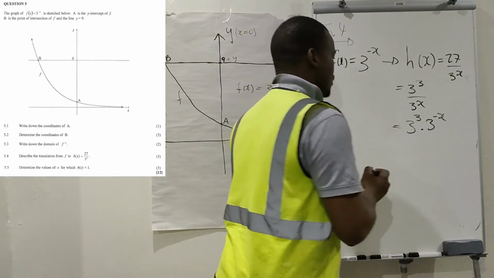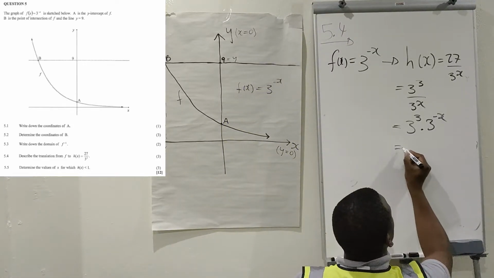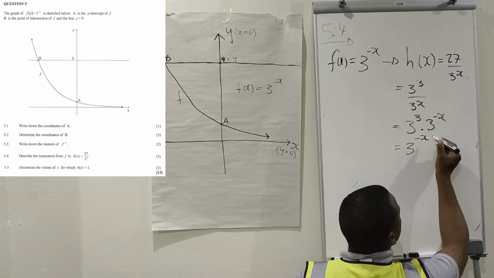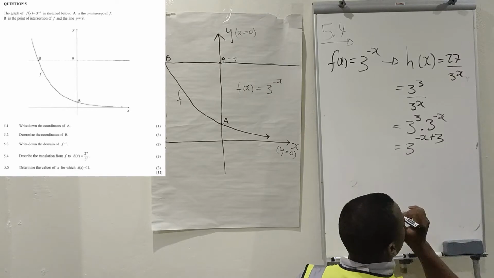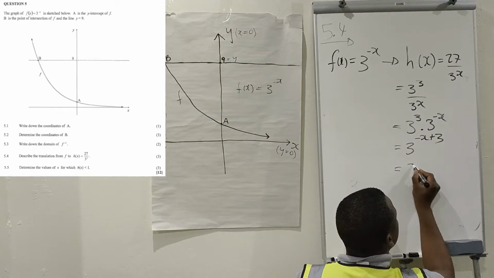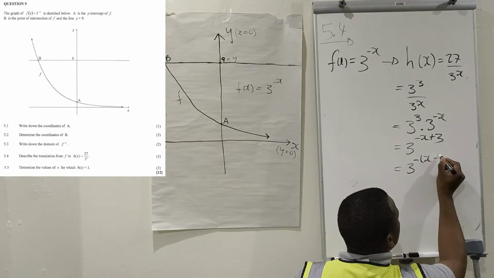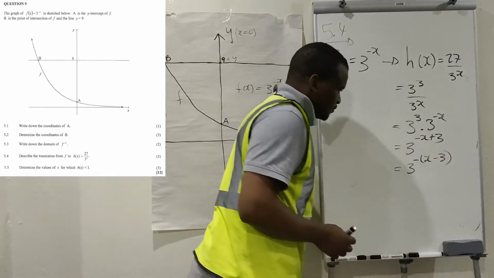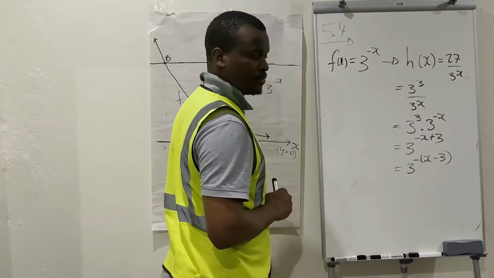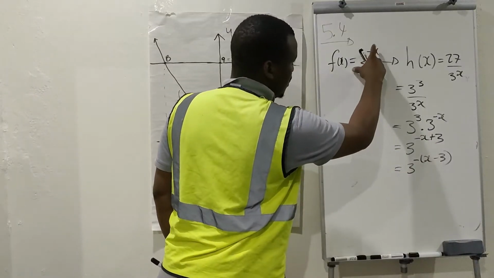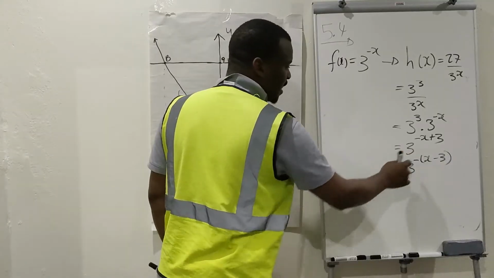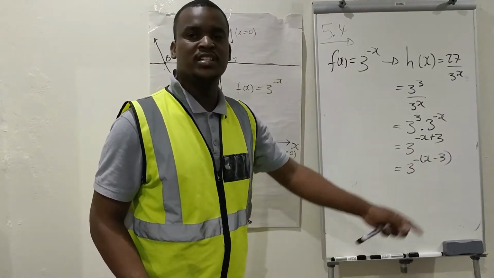Which you can further say is 3 raised to negative x plus 3, which is equal to 3 raised to negative (x minus 3), because this is how the original looked.